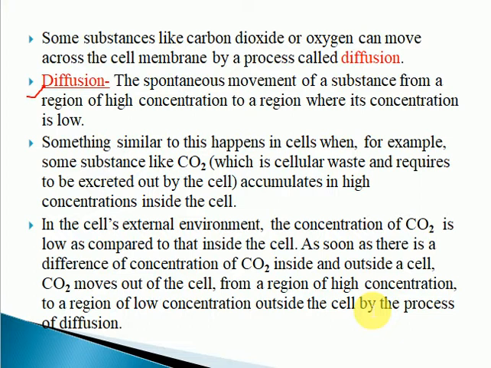In the cell's external environment, the concentration of CO2 is low as compared to that inside the cell. So as soon as there is a difference of concentration, that means if there is a large concentration of carbon dioxide inside the cell, then carbon dioxide from inside would move to the outside where the concentration of carbon dioxide is low. Then this process is called diffusion.